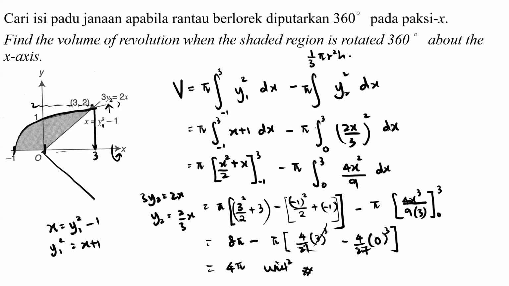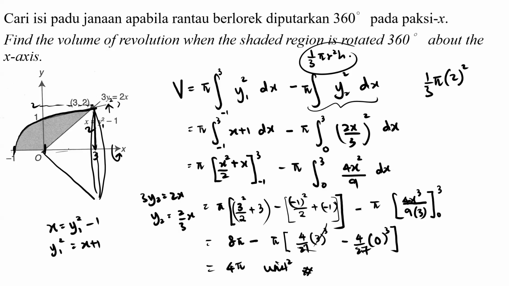Left with 4 pi. Now what if we know that this whole thing is 4 pi? If I use 1/3 of pi r squared h, will I get 4 pi as well? So 1/3 of pi. Now the r is the radius of your circle base. So over here it is 2. So your r is 2, so 2 squared.